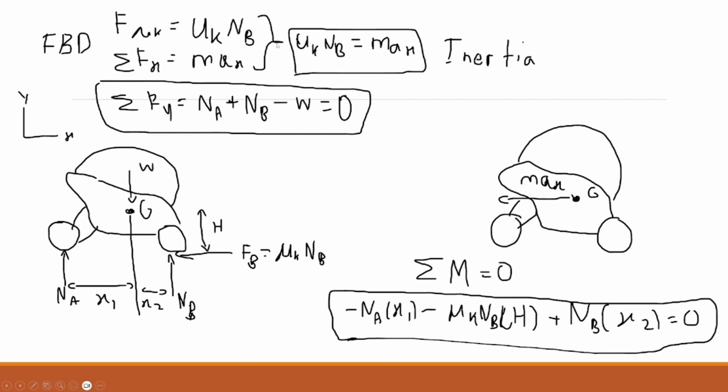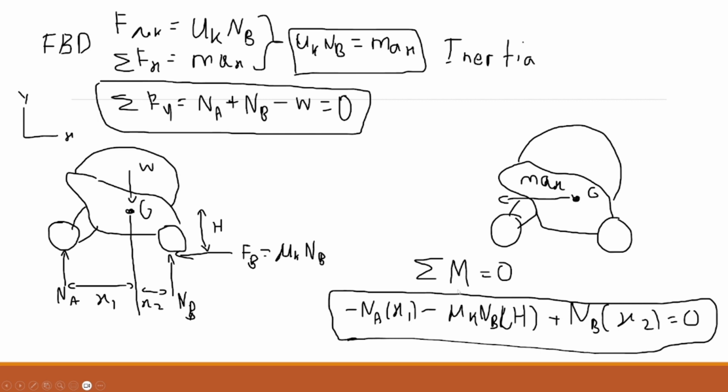With those two, we get mu times the normal force of B equals the mass times the acceleration in the x direction. For the y direction, the equation equals 0: the normal force of wheel A plus the normal force of wheel B minus the weight of the system equals 0.